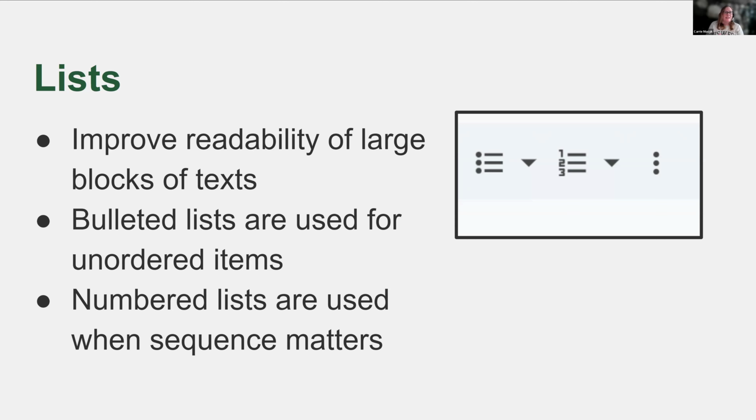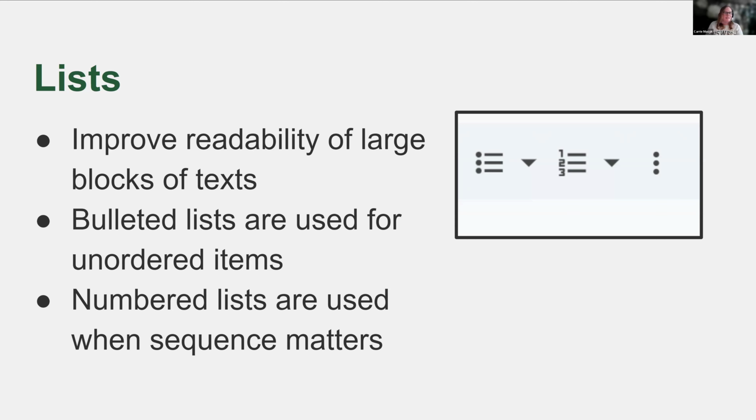Lists are really great because they help with the readability of large blocks of text. So if you have instructions or something that students need to pay attention to everything that is being asked of them, a list is probably a better option than giving them a large block of text in a paragraph.